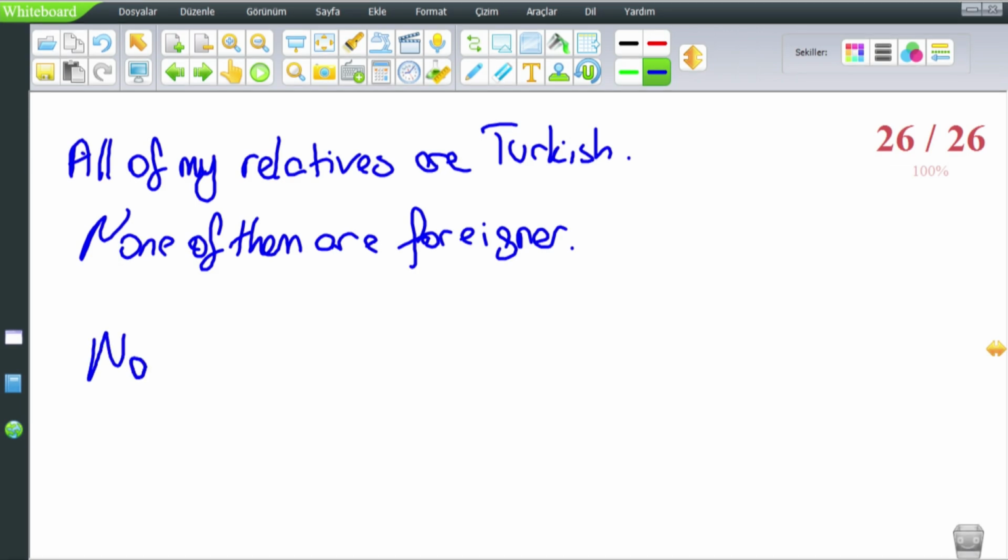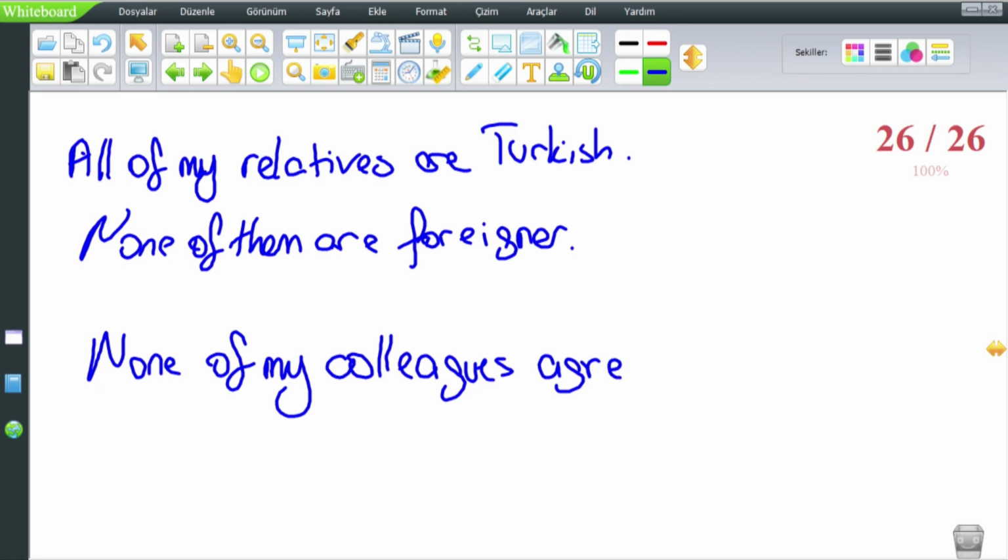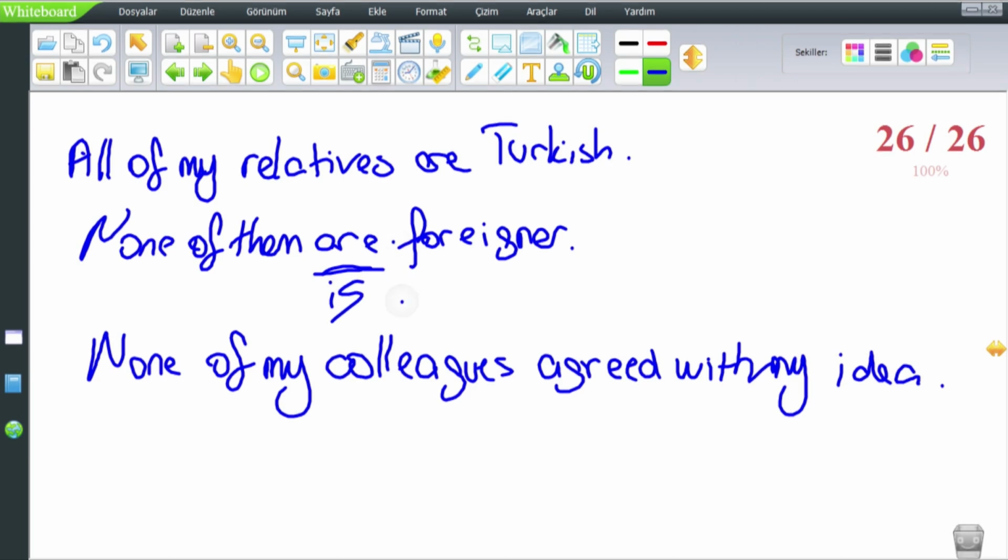None of my colleagues agreed with my idea. By the way, in this example, it can also be none of them is. They are both correct. We said that both singular and plural verb are okay with none. And in this example, none of my colleagues agreed with my idea.